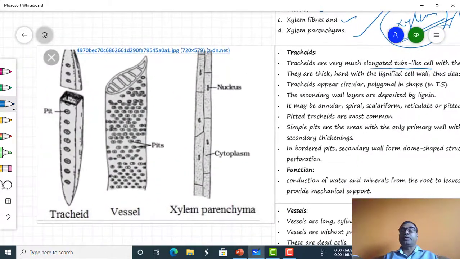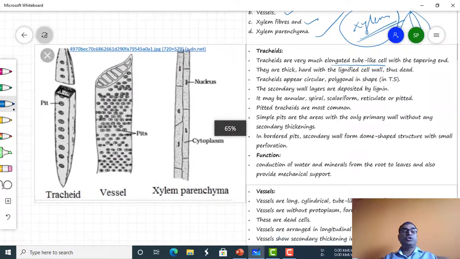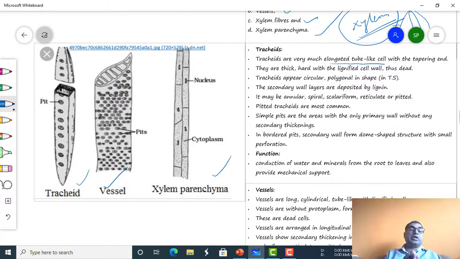If you see this figure, this one is a tracheid, this one is a tracheid, this one is a vessel, and this one is the xylem parenchyma. So these tracheids are very much elongated tube-like cells with tapering ends.